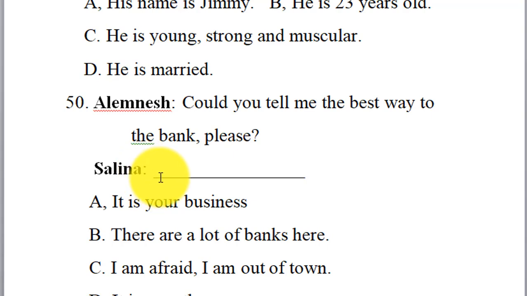From this sense, it's your business, no. Whenever someone asks direction, our response is always polite. This is an aggressive and irrelevant response so we cannot practice such kinds of expression, it's out of the system. Please here there are a lot of banks here, I don't want to know the number of banks.